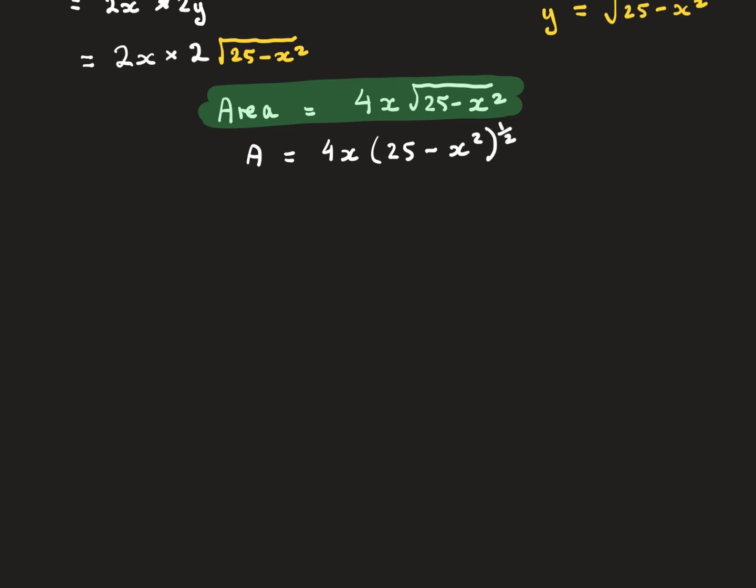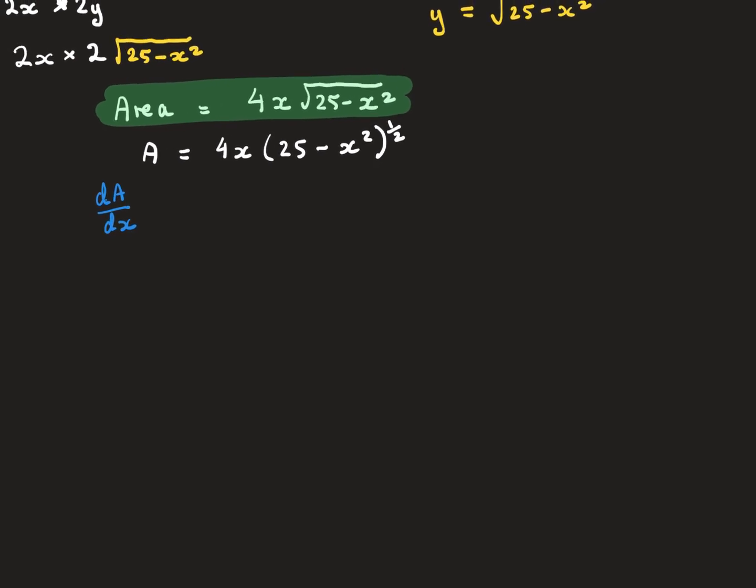Okay, differentiating this, we're going to need to use the product rule and the chain rule as well. So we'll start off with saying that u is equal to 4x, differentiate u is 4.